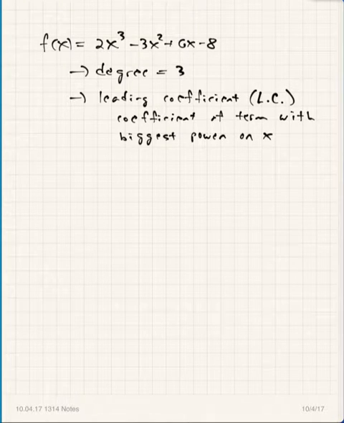All right, so the leading coefficient in our problem here would be equal to 2, positive 2. So this is a third degree polynomial, and the leading coefficient is 2.